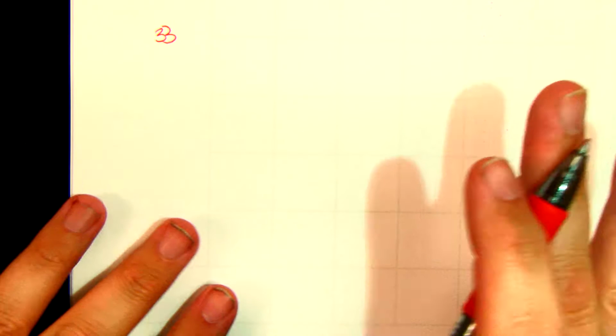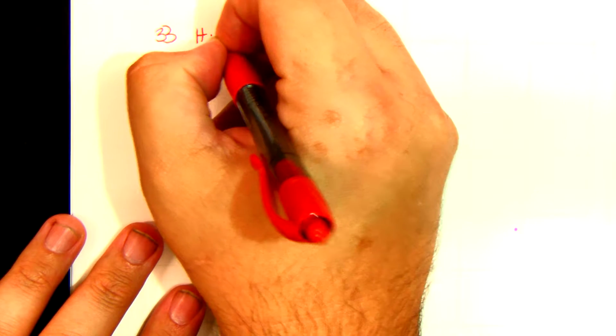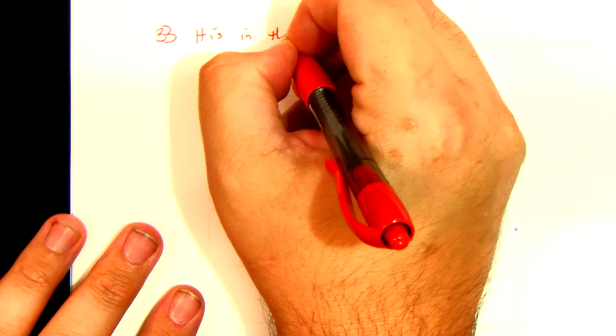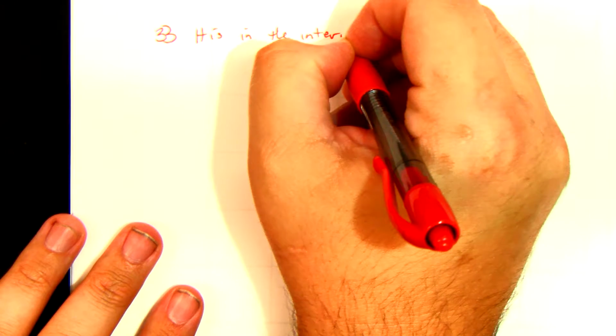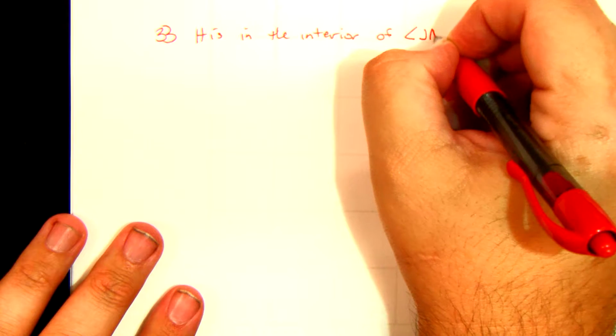Right, so for number 33, it's a multi-step problem, which means there's probably a little bit more to do. It says H is in the interior of angle JAK.